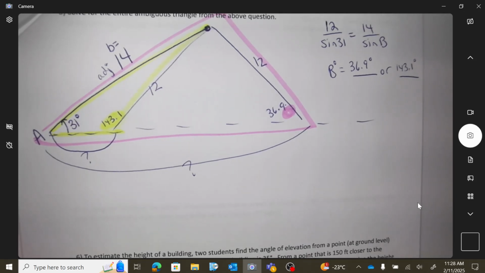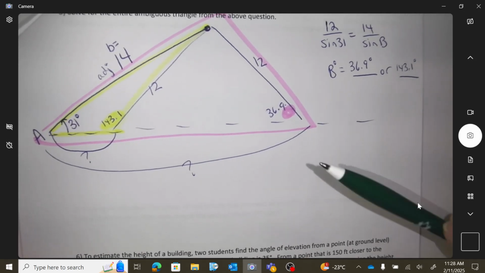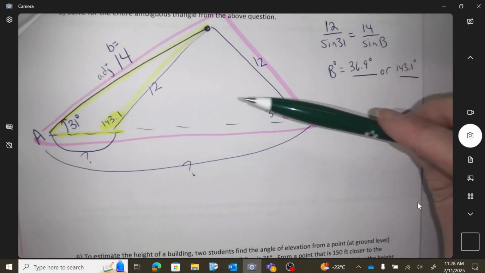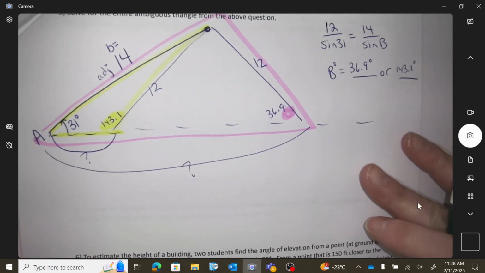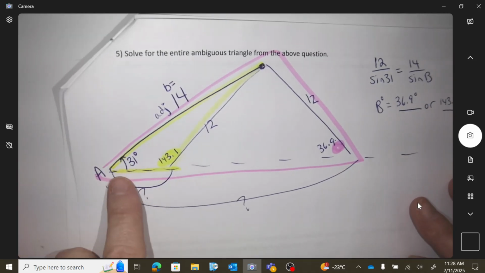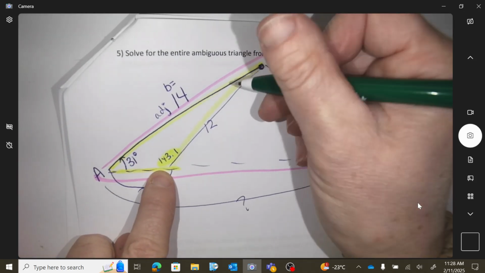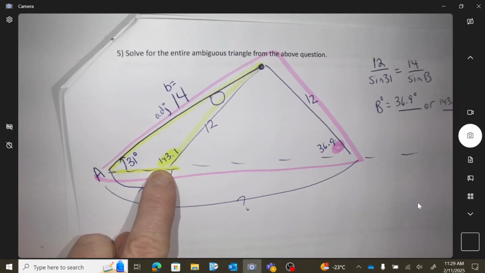Okay. The further you are away, you have a smaller angle, right? The further one away is always smaller. Okay, now you go to the angles. So you go, here's a yellow corner, here's a yellow corner. What's the third yellow corner?